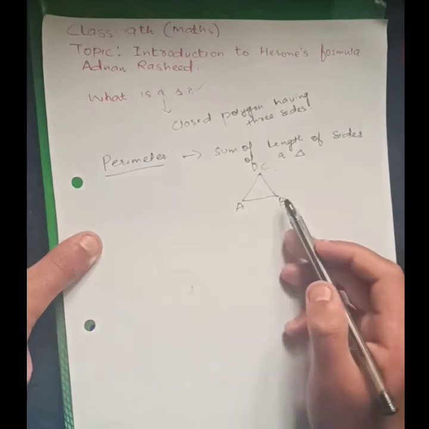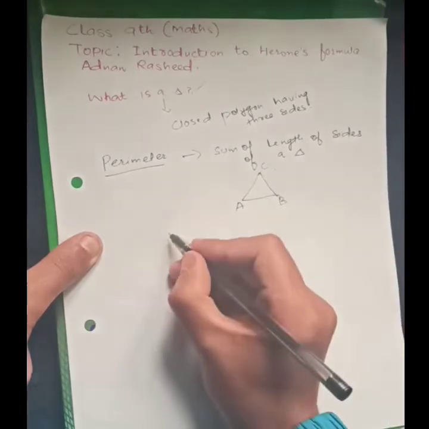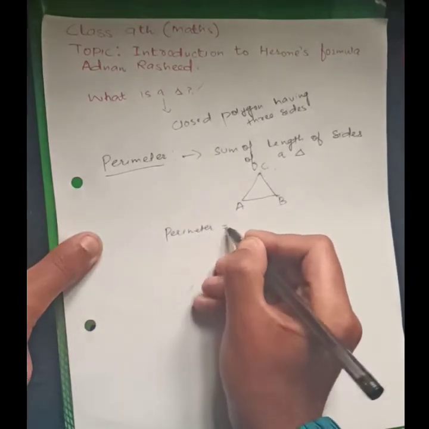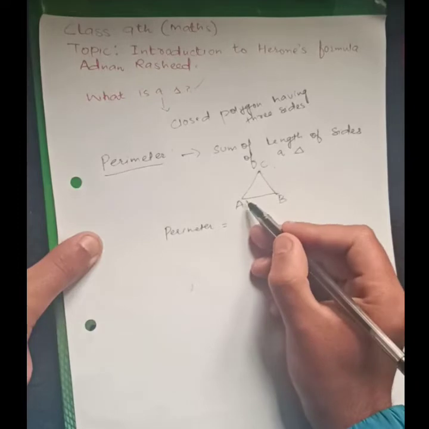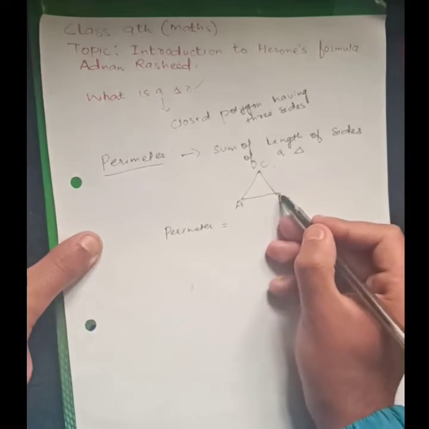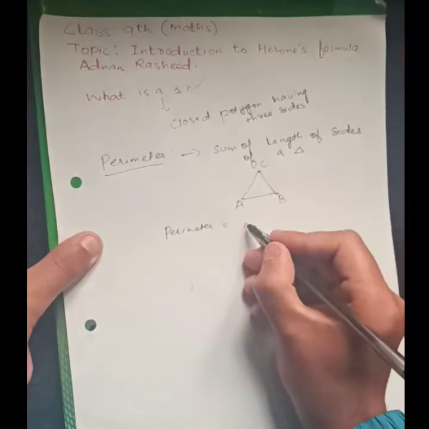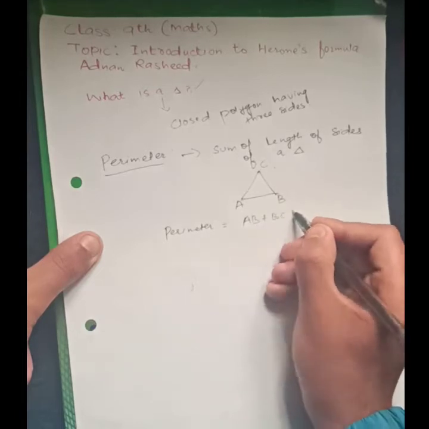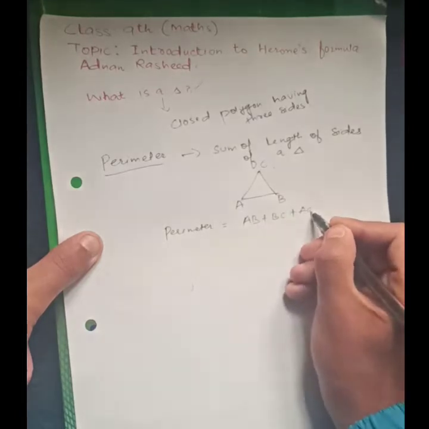Here in this triangle ABC, perimeter will be equal to the sum of three sides of a triangle. That means AB plus BC plus AC.